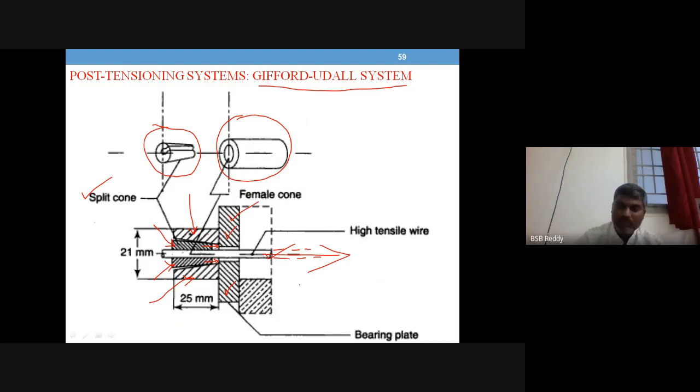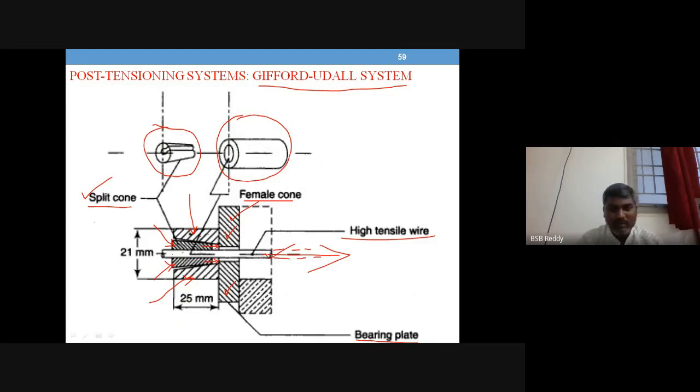Just looking at this once again, the Gifford system. The different parts are a split cone, a female cone, a bearing plate and high tensile wire. The high tensile wire, I mean the prestressing steel, is inserted into the split cone, the split cone rests against the female cone, and the female cone rests against the bearing plate.